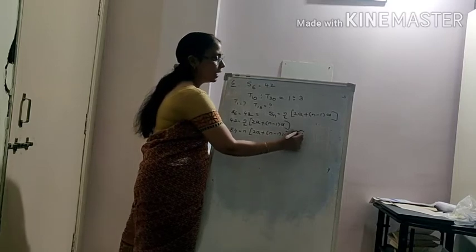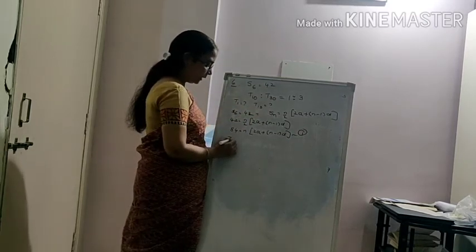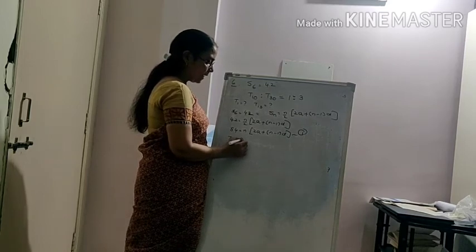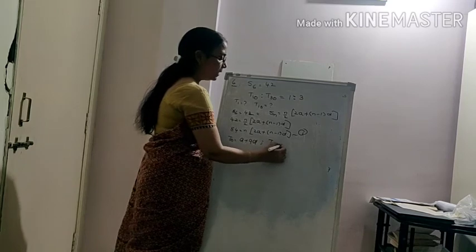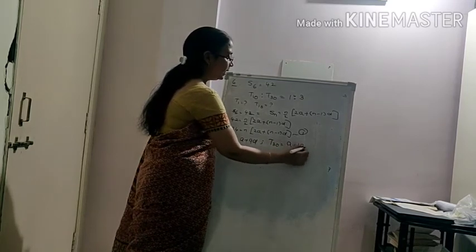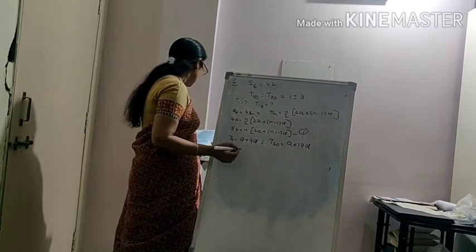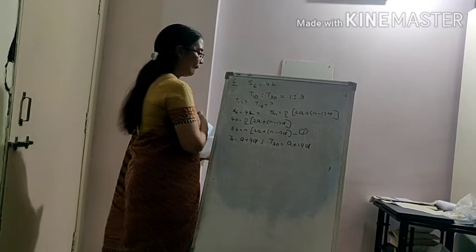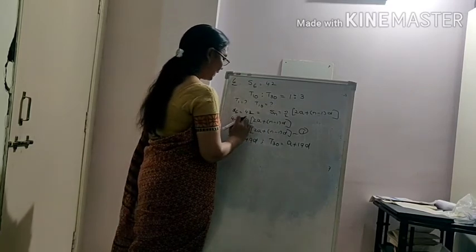This is what we can write and make it as the first equation. Then T10 is a plus 9d and T30 is a plus 29d, and here n is 6.